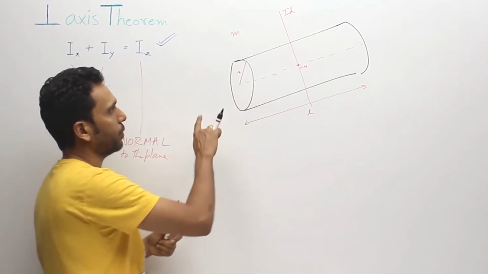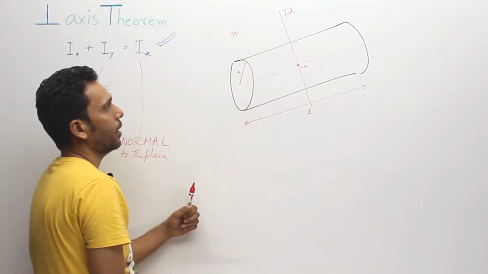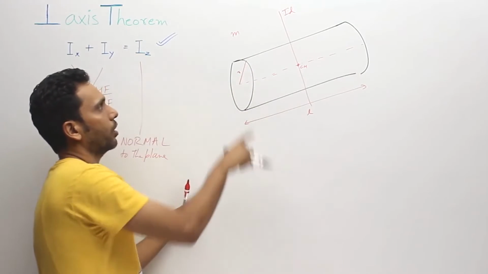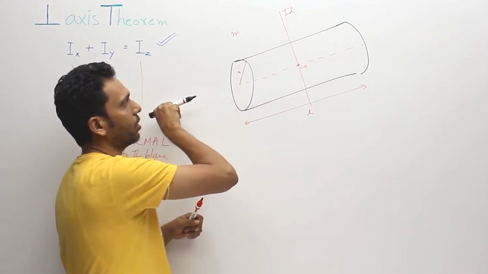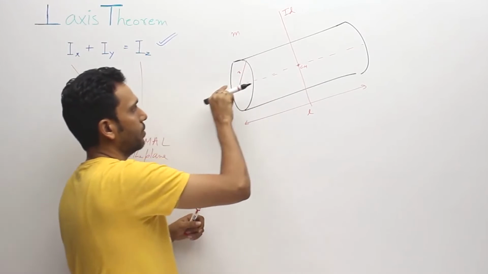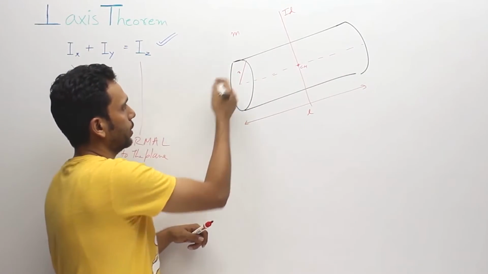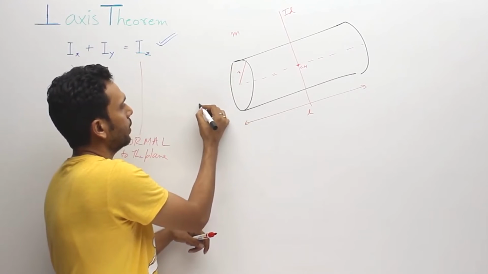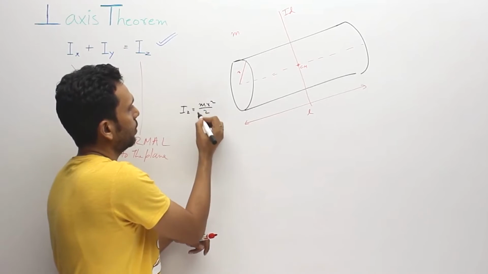It cannot be applied because your body is not a 2D body, and this Id plus that Id will not be your Iz. Your Iz, which is going through the axis, is known to you. If it is a solid cylinder, it is MR square by 2. That's your Iz.